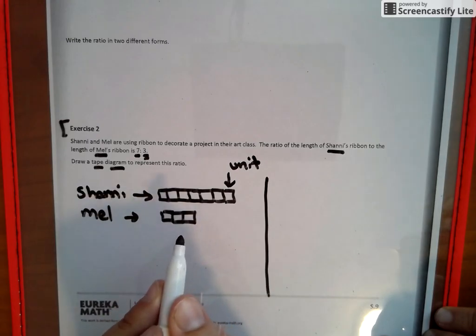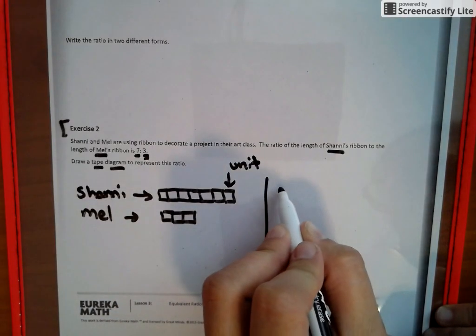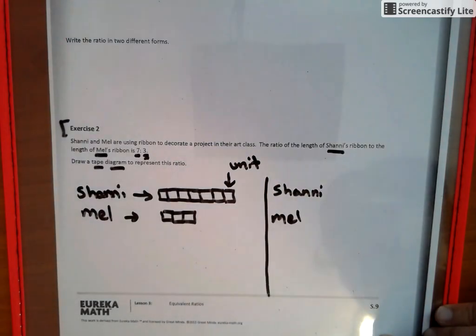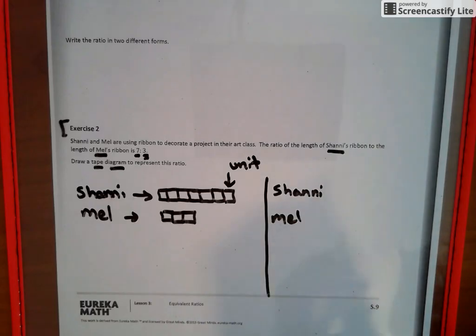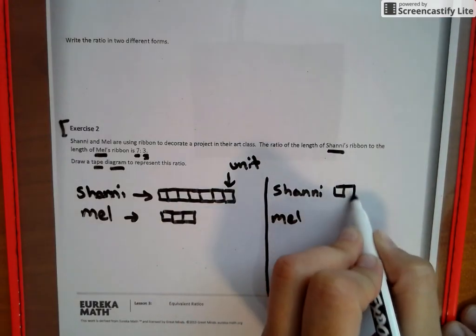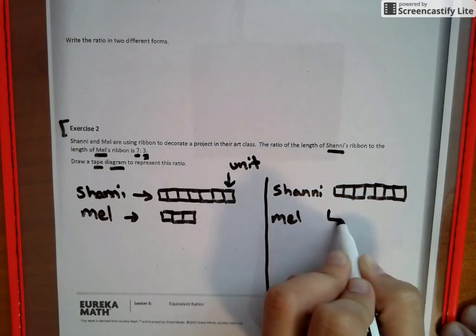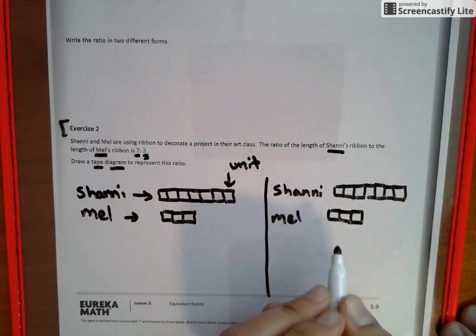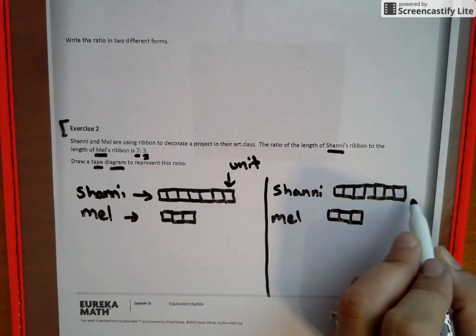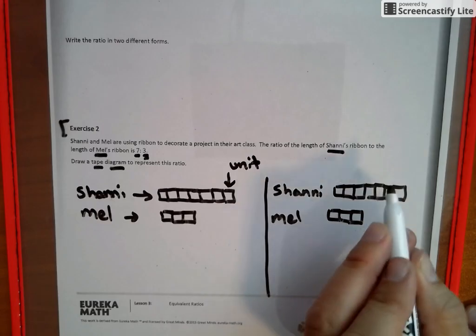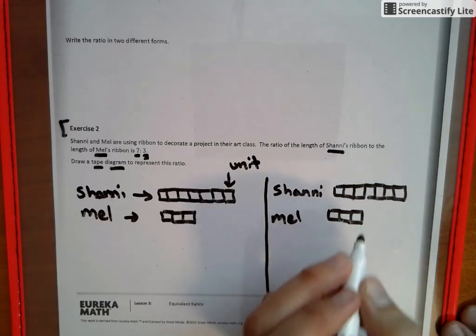But the cool thing about this tape diagram is you can do so many different things with it. We could give each unit a value. For example, Shani, Mel, so we still have the 7 pieces of tape and the 3 for Mel.